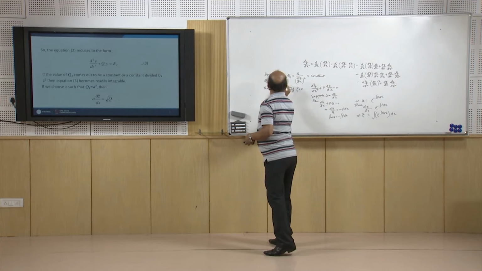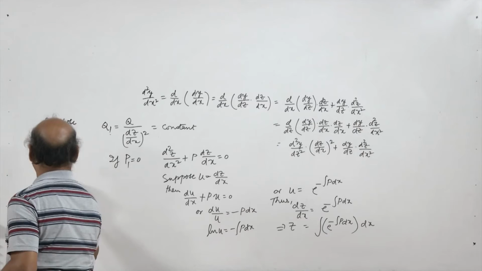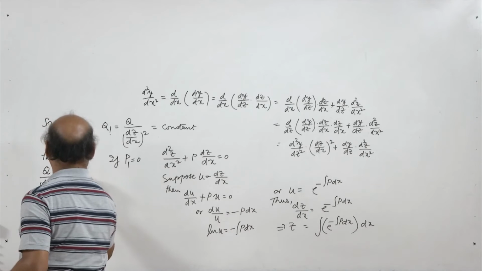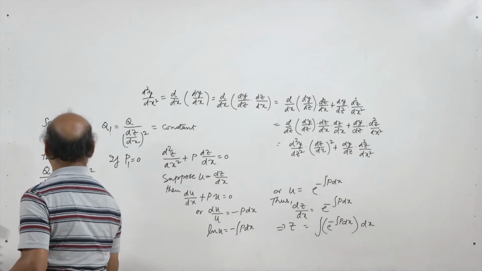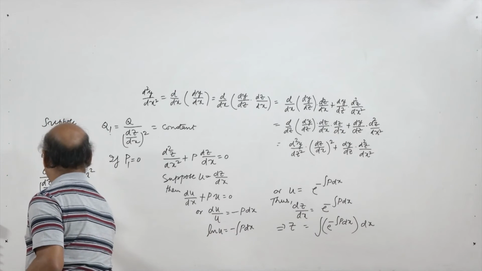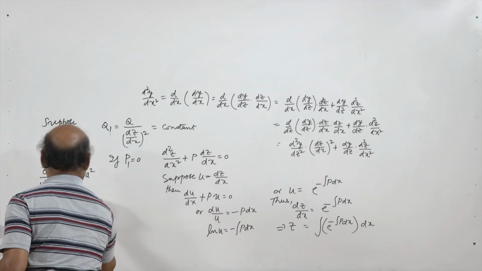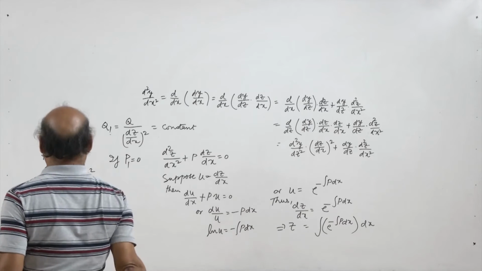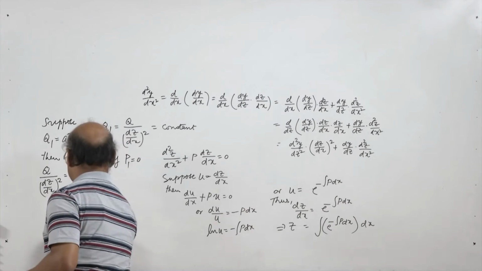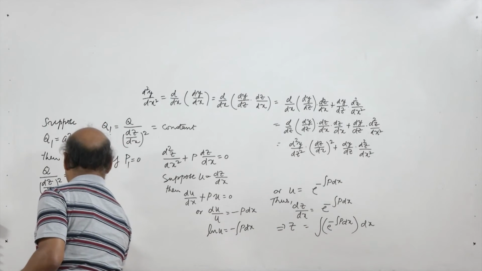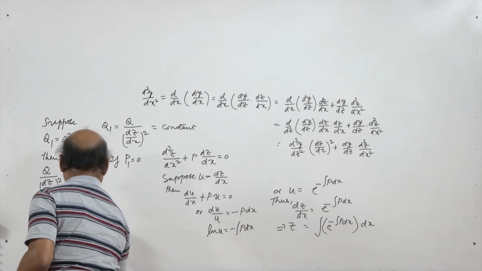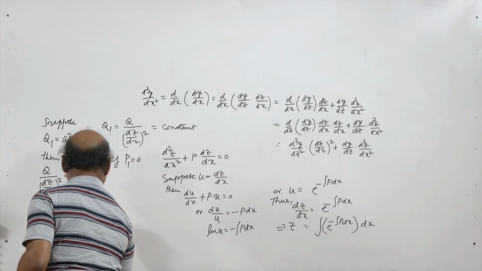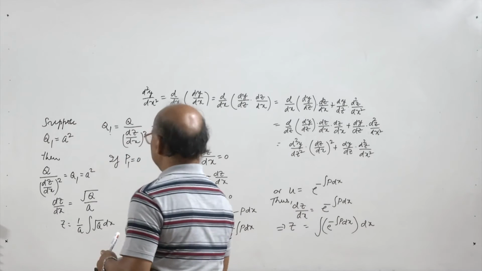So then q upon dz by dx whole square is equal to q1, and q1 is a square. So we shall have dz by dx equal to root q upon a, or we can say z is equal to 1 upon a integral root q dx.